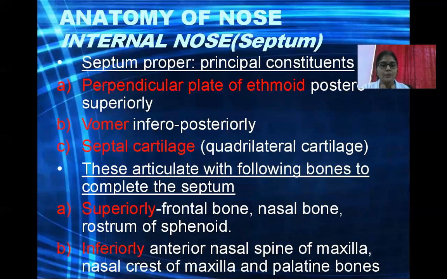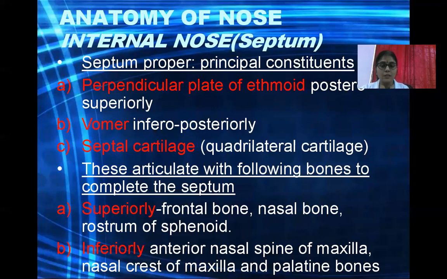The septum proper has a major and a minor component. The major, or principal, constituents are mainly formed by the perpendicular plate of the ethmoid postero-superiorly, the vomer bone postero-inferiorly, and the septal cartilage, the quadrangular cartilage, anteriorly.